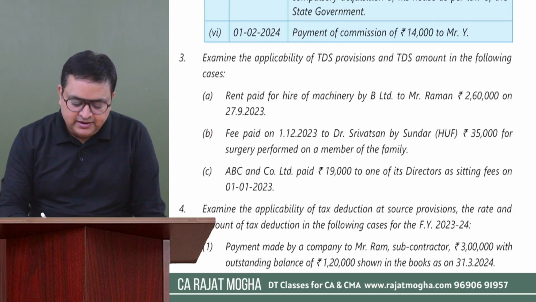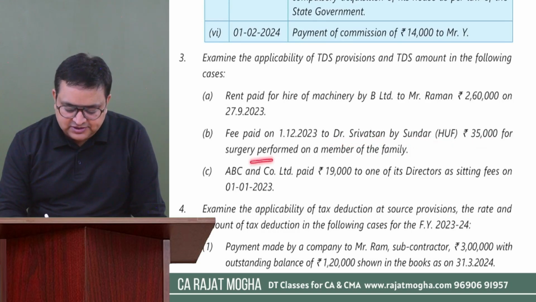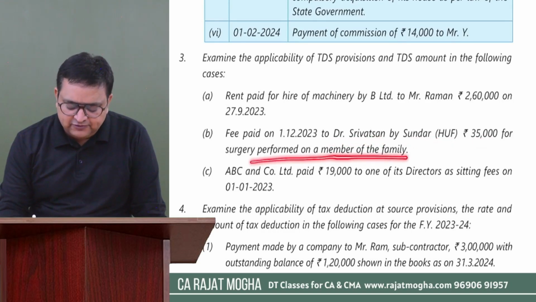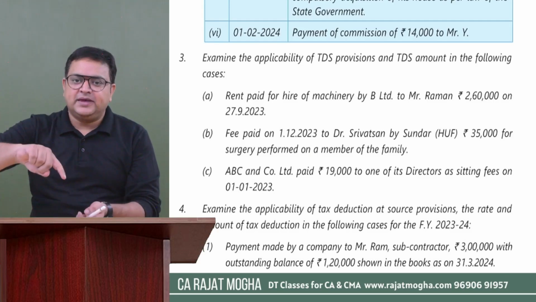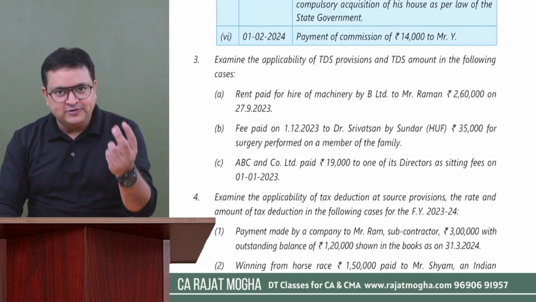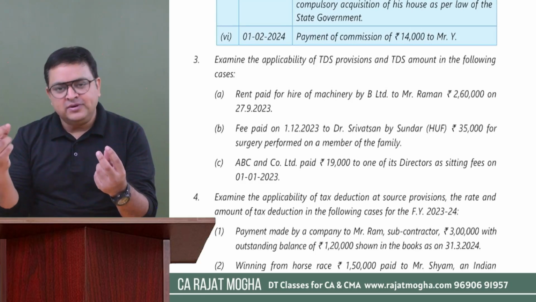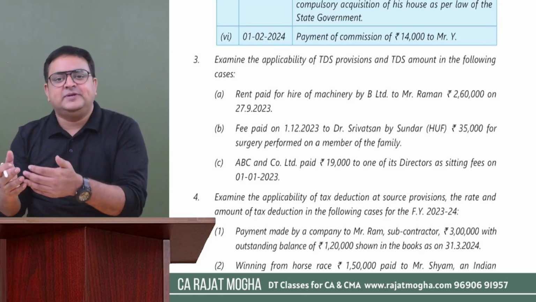B point. Fees paid on 1/12/2023 to Dr. Sri Vatsan by Sundar HUF, 35,000 for surgery performed on a member of the family. Okay. First of all, tell me who is making a payment to whom. So first of all, you have to understand who is making a payment and to whom, and then you have to tell me for what type of expense they are making the payment.